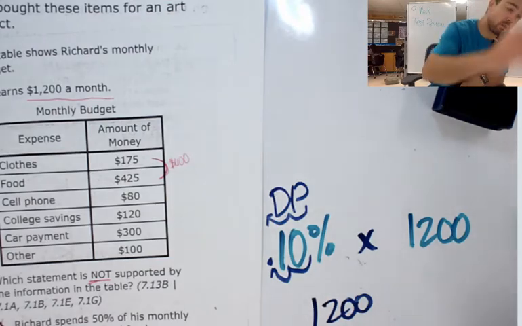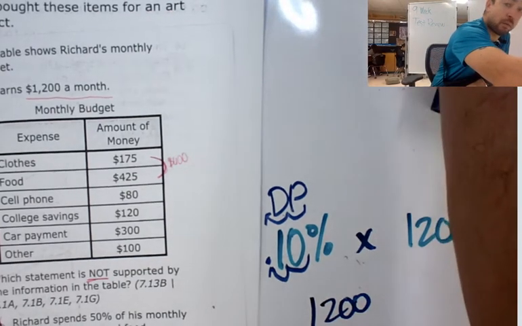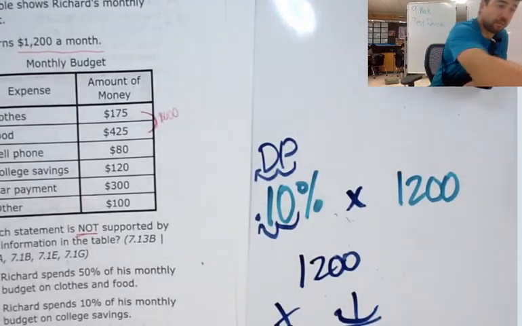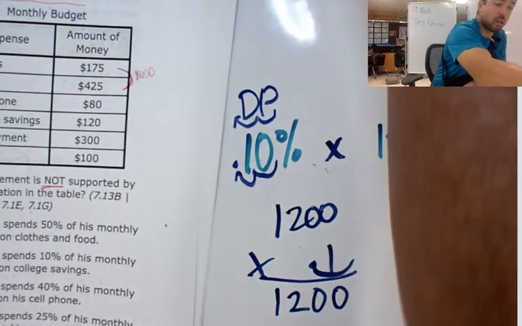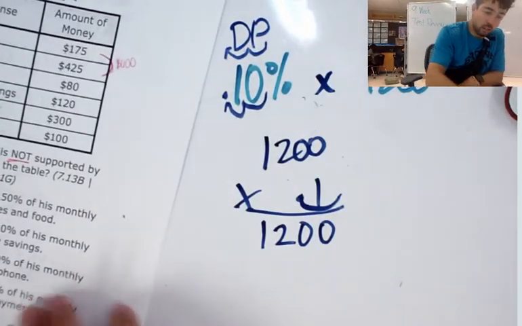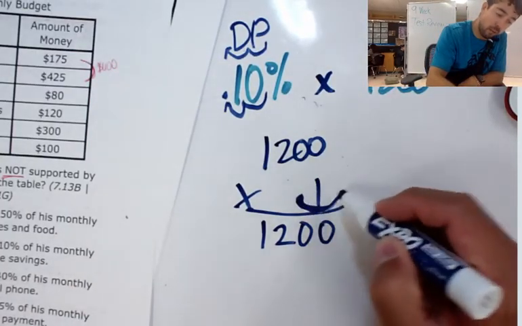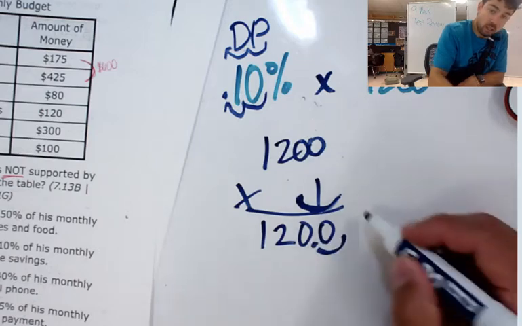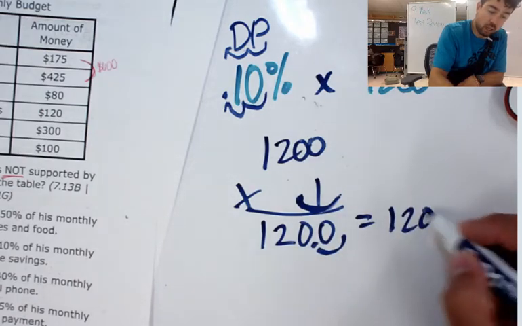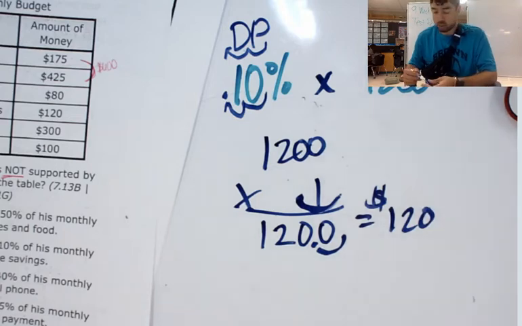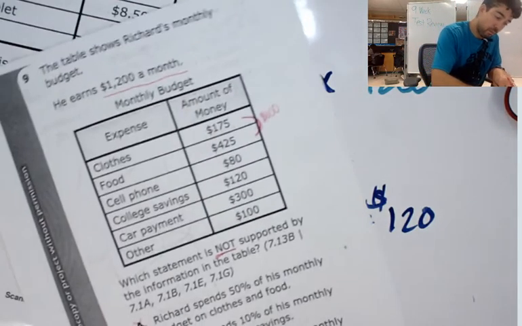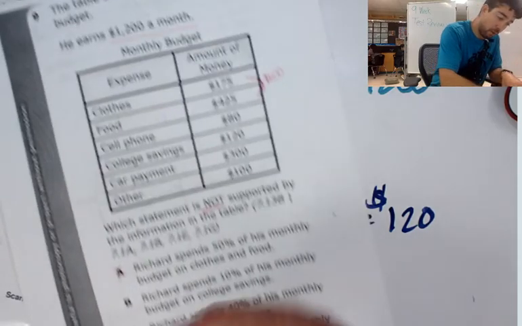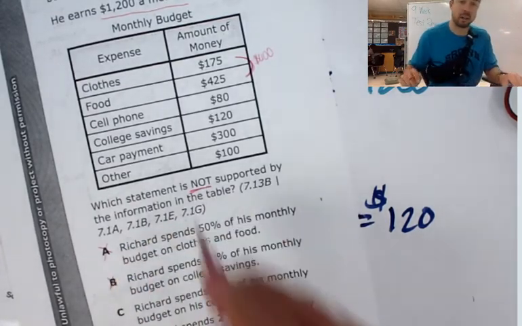Sorry guys, I'm a little off frame right now. All right, so I had one decimal place that I need to account for in my answer. This ends up being $120. Is that true? Yes, right? So we're going to get rid of B because B was supported by the information, and they're looking for the not.